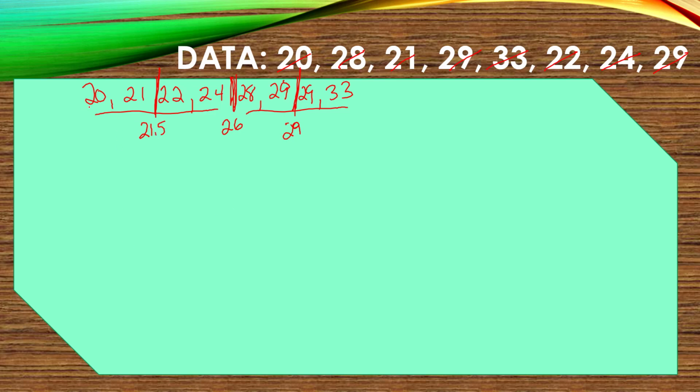So we need a box and whisker plot that goes from 20 to 33. So let's start at 20, 22, 24, 26, 28, 30, 32, 34.